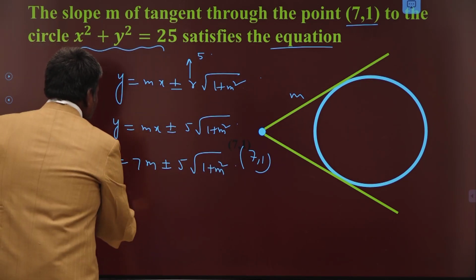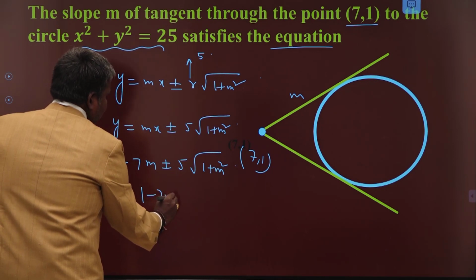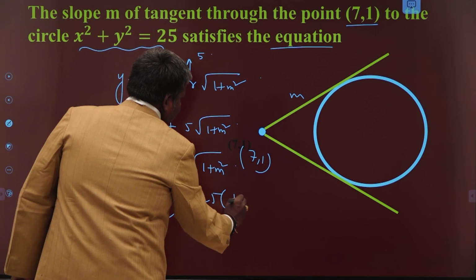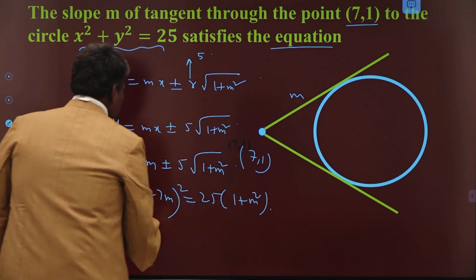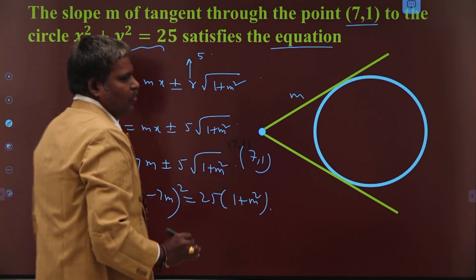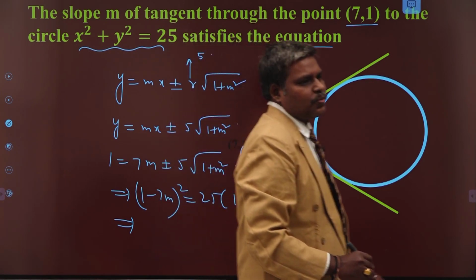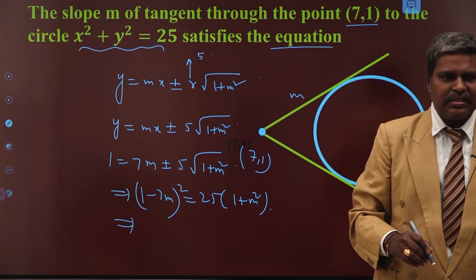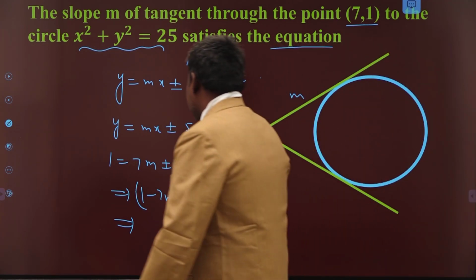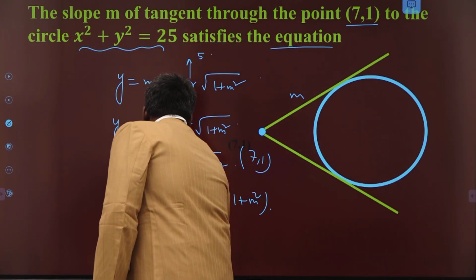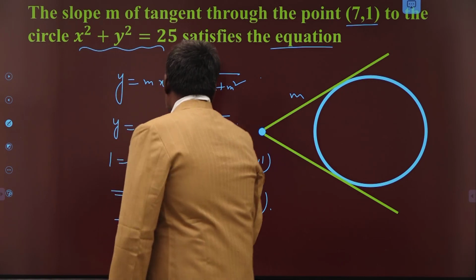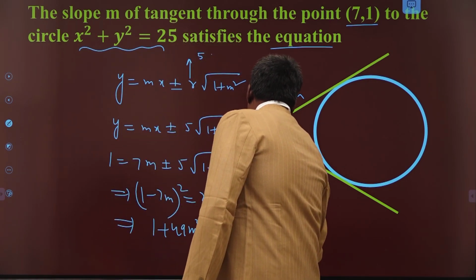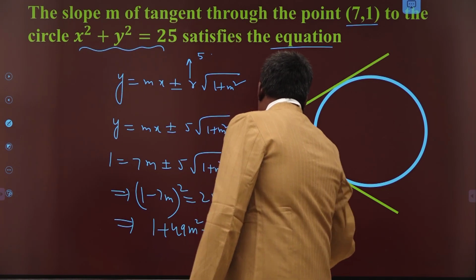1 minus 7m whole square is equal to 25 times of 1 plus m square. Just expand this one, we get the quadratic equation. This is the corresponding equation in m which satisfies our given conditions. Understand? 1 plus 49m square minus 14m is equal to 25 plus 25m square.